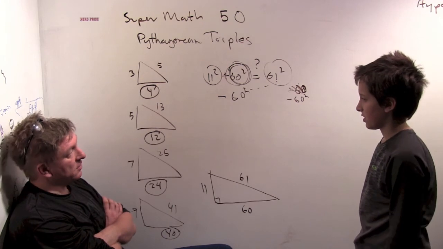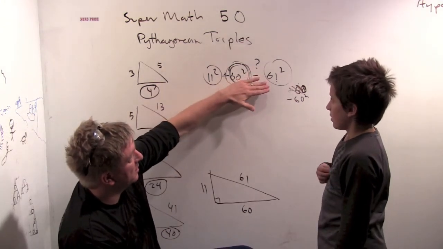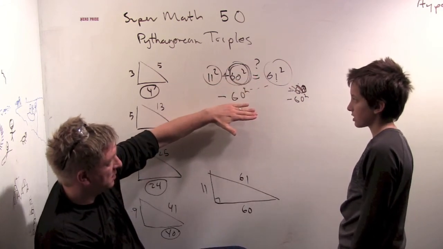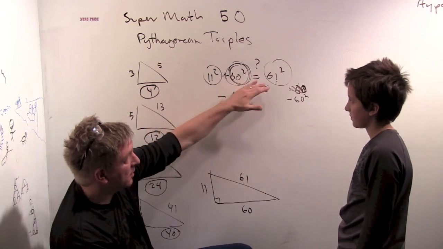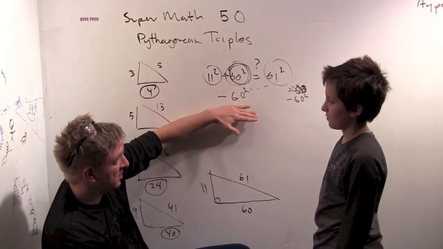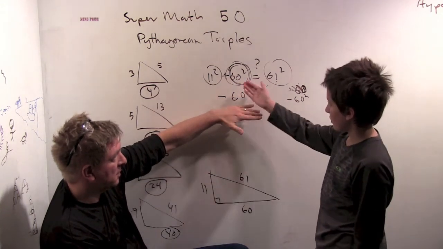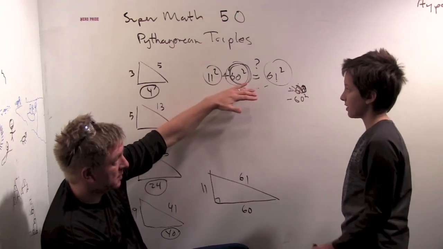It still preserves what you have. If they're not equal, and I do the same thing to both sides, it's still going to be not equal. And if they're equal, then it's going to be equal.